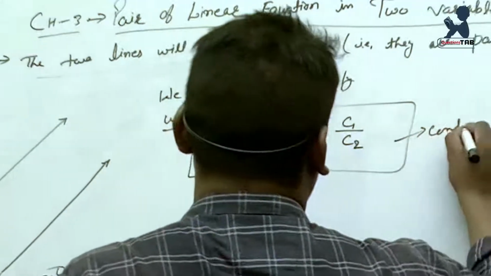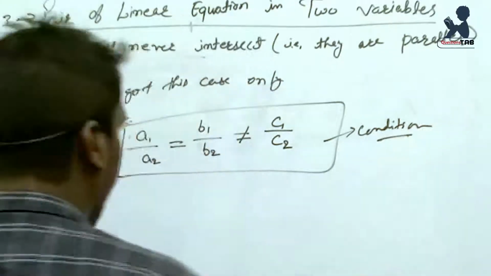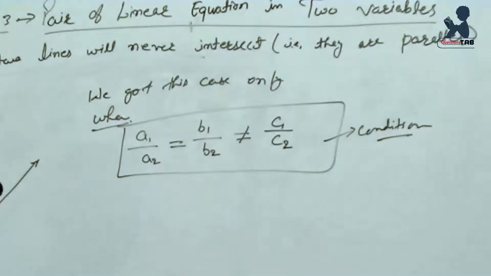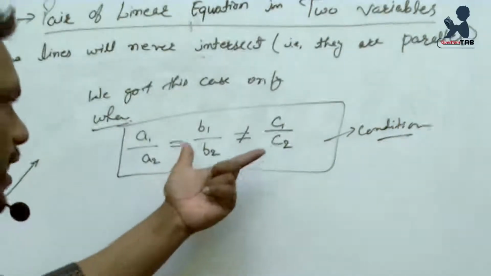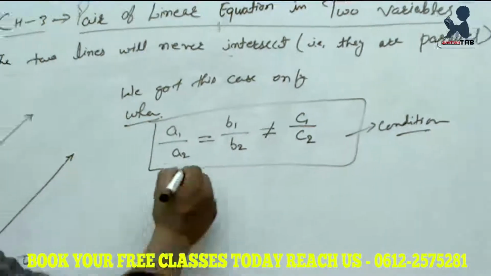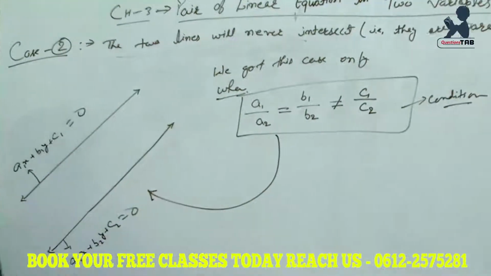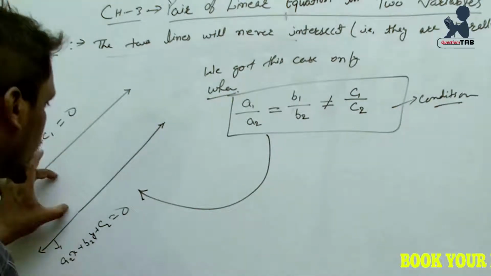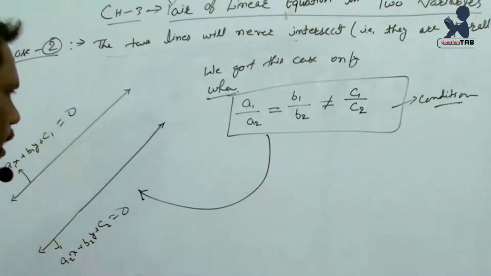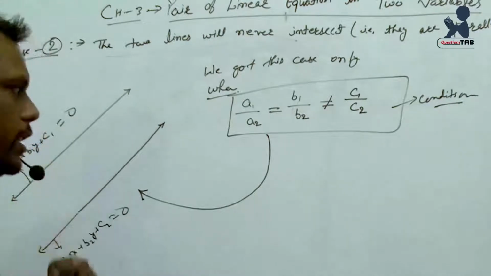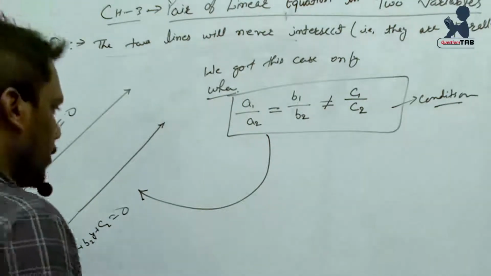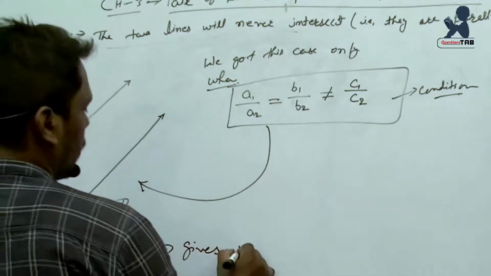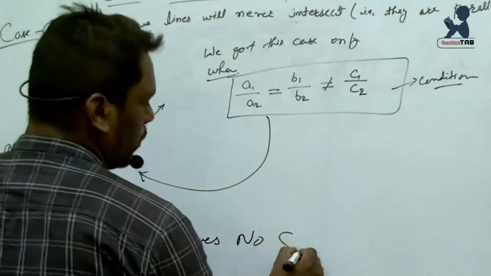If a pair of linear equations in two variables follows this condition, then its graph looks like this. That means these two lines never cut each other, that is, they are parallel to each other, and this gives no solution.